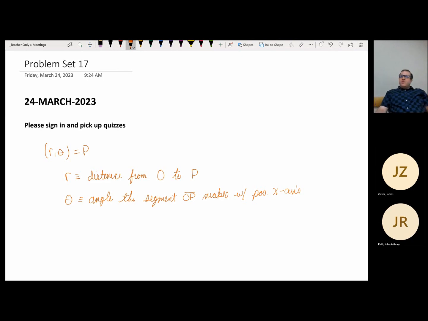So this means that polar regions, generally speaking, are circular. So if we have a domain that is circular, probably advantageous to just go ahead and do it in polar coordinates.